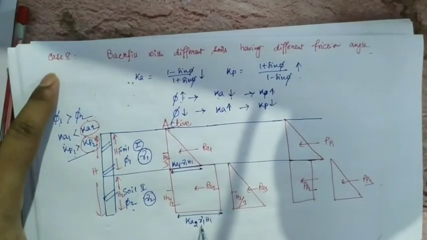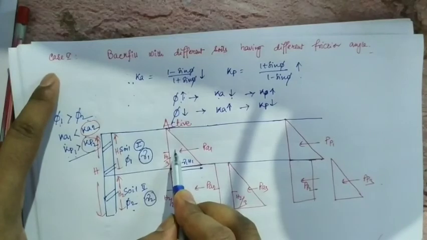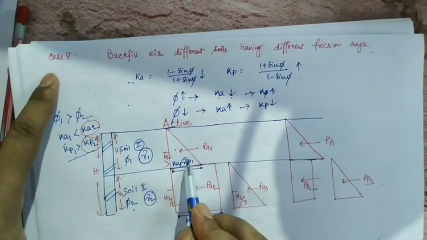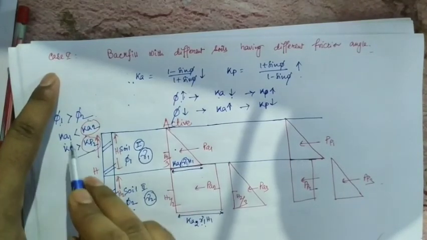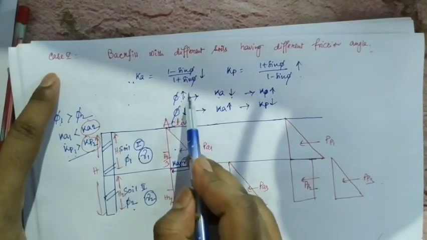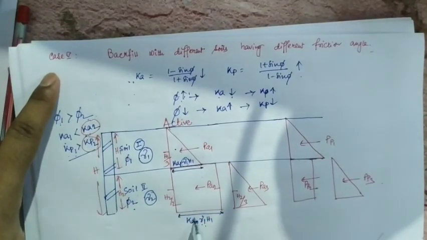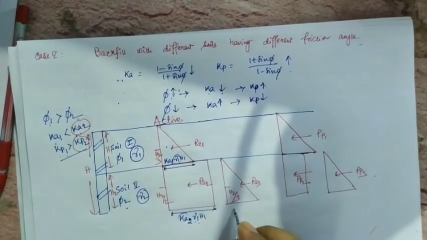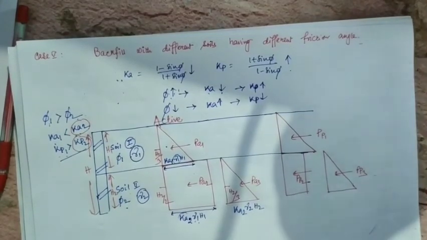It will not be gamma 2, because it is the surcharge of soil 1, so the unit weight of soil 1 will not change. It will be the same, but because phi is changing, the coefficient of earth pressure changes. That's why it will not be Ka1, it will be Ka2. And this value will be Ka2 gamma 2 h2.